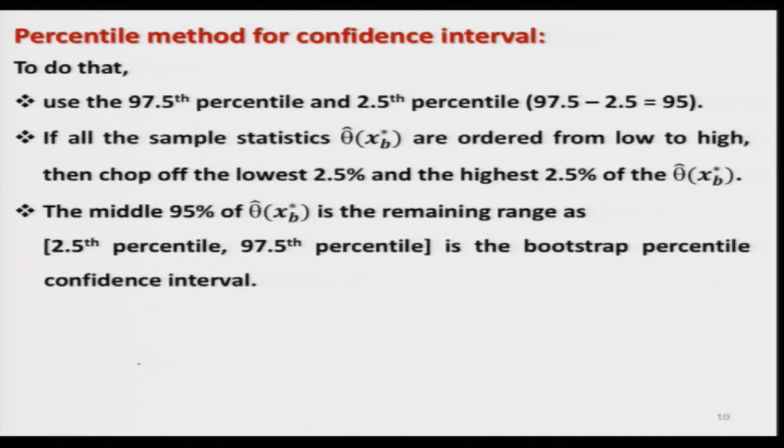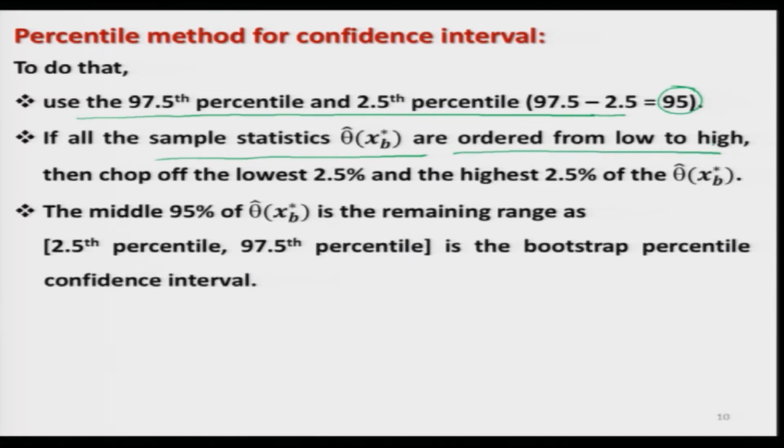Right. So now if I try to formalize this procedure, I am trying to create the histogram, and then I am trying to use the 97.5th percentile and 2.5th percentile, and the area between these two percentiles will be 95%. In order to achieve it, all the sample statistics, denoted here by theta hat star b, are ordered from low to high, and then we chop off the lowest 2.5% and highest 2.5% of this distribution.